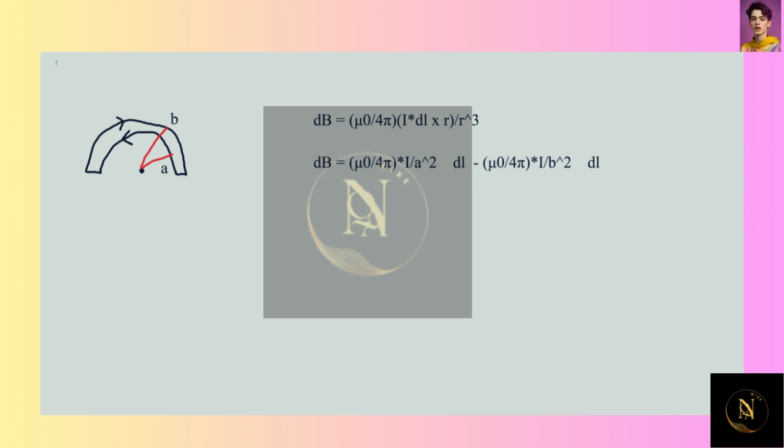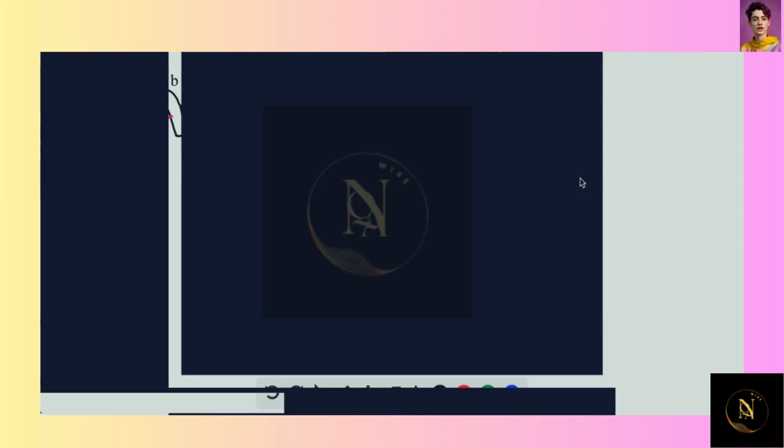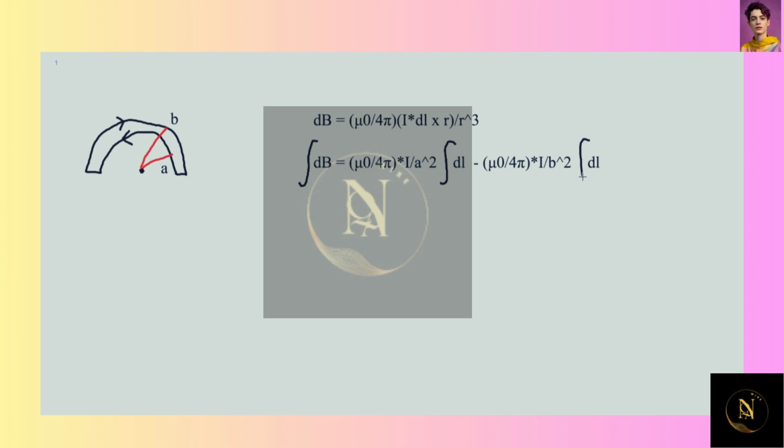But what we need to do at this point is integrate this to get B. So we're going to integrate this dl. That's why I pulled that out, and integrate this over here. So when we integrate dB, that will just give us the total B, which is, of course, what we want.